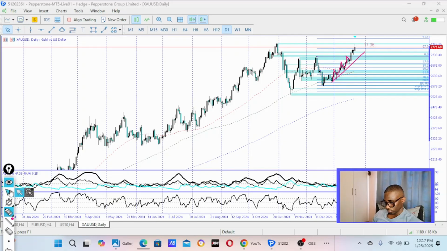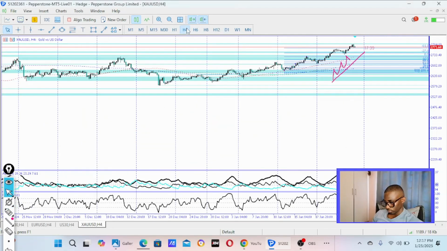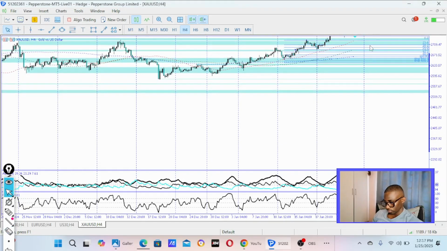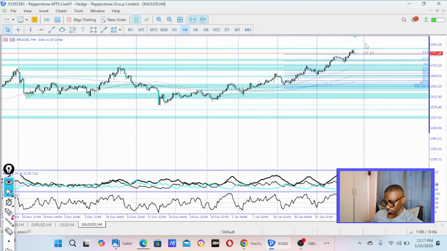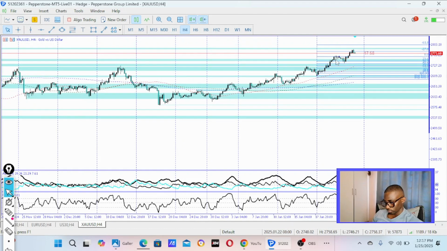So price already closed the week in a high point right there. So I will be drawing my fib from a low point here to the high point here.